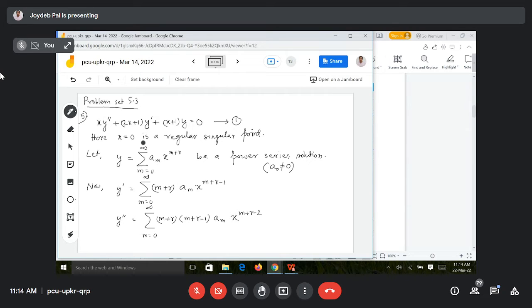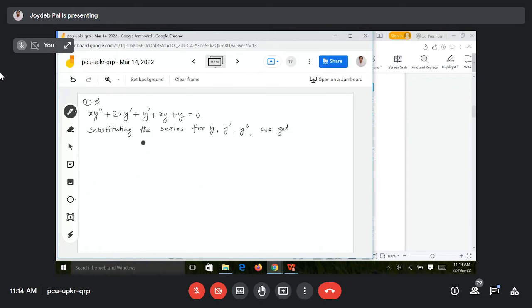It will be x to the power m plus r minus 1. So summation m equals 0 to infinity (m plus r)(m plus r minus 1) a_m x to the power m plus r minus 1 after multiplying by x.